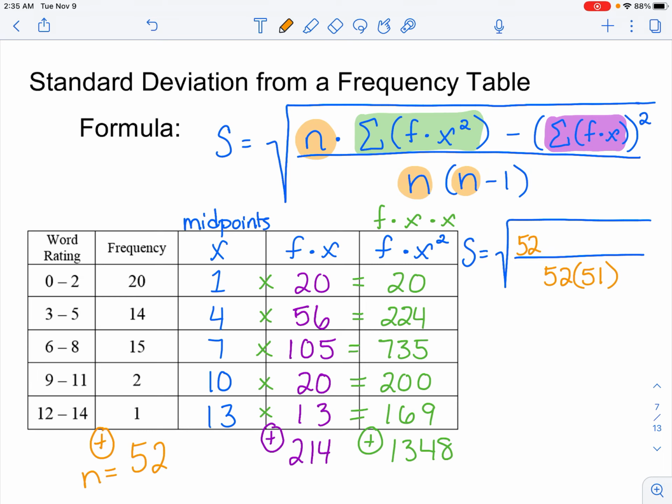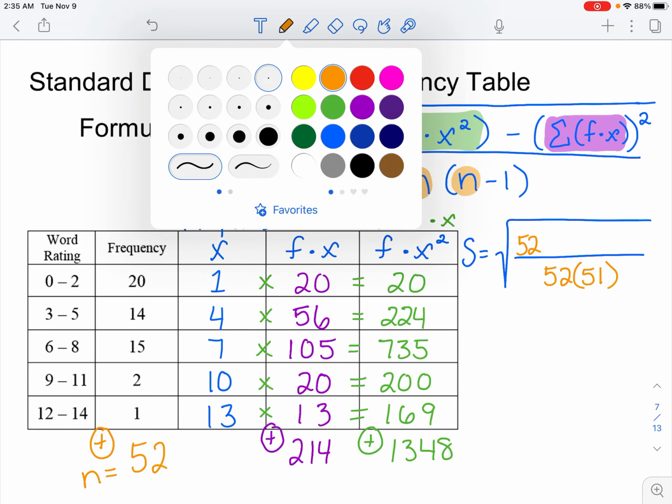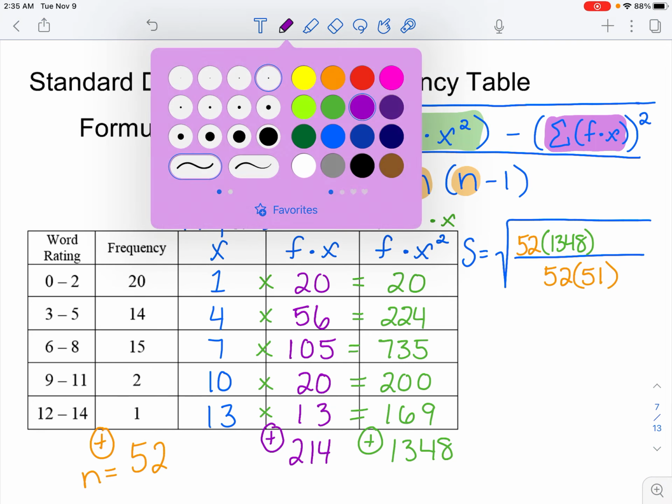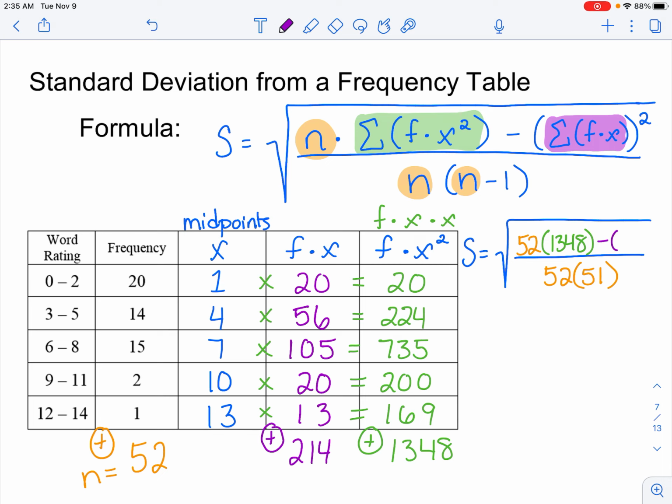Then I'm going to fill in what n is being multiplied by up top. So I'm doing n times that sum of f times x squared. That's all my green numbers. So that's the 1348. And then I'm going to take away a number squared. And that number is all my purple numbers, the f times x numbers, the 214.